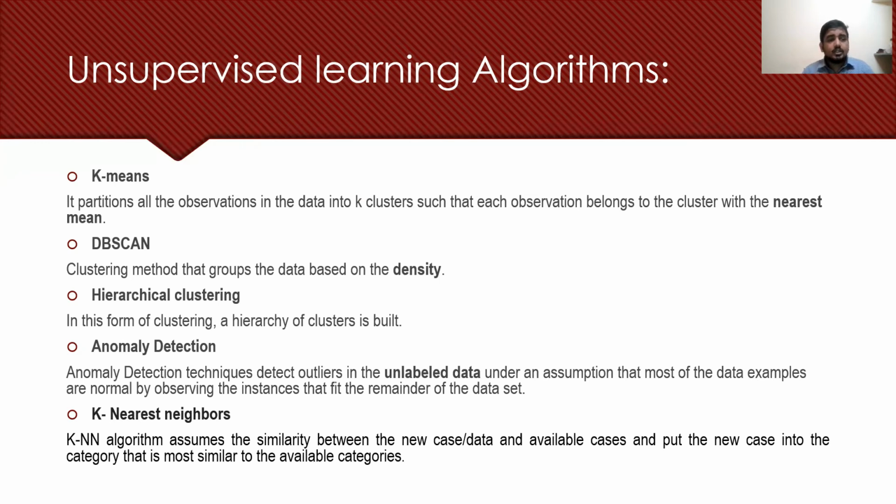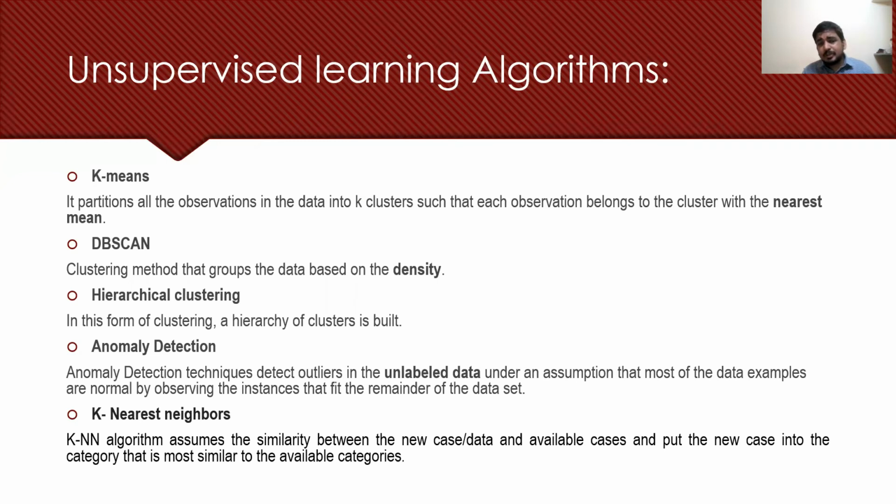Hierarchical clustering. In this form of clustering, a hierarchy of clusters is built. It is also a similar kind of clustering, but different algorithms are used. Anomaly detection, or outlier detection, you can say. Anomaly detection is obviously based on unlabeled data because we are using unsupervised learning.